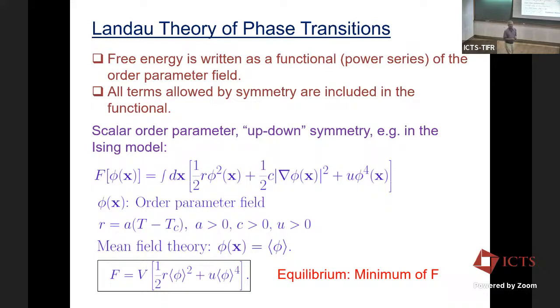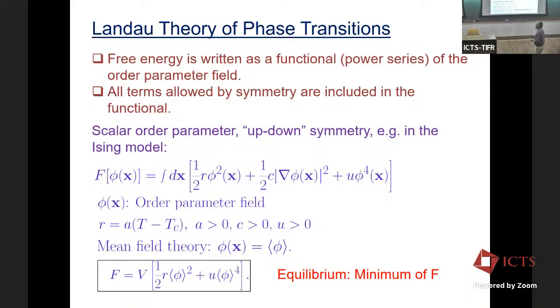So what is the theory? There are many different theories that people have developed, but the one that will connect easily with RG, renormalization group, is this Landau-Ginzburg kind of description, where the starting point is basically writing down a free energy, which is a functional of this field.